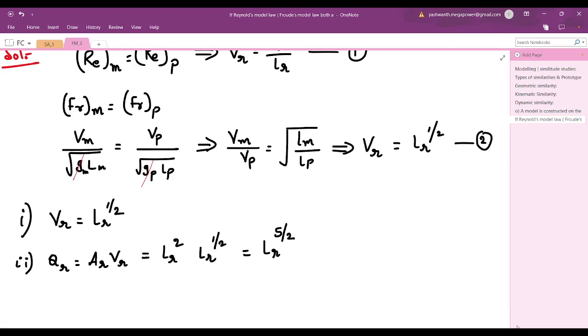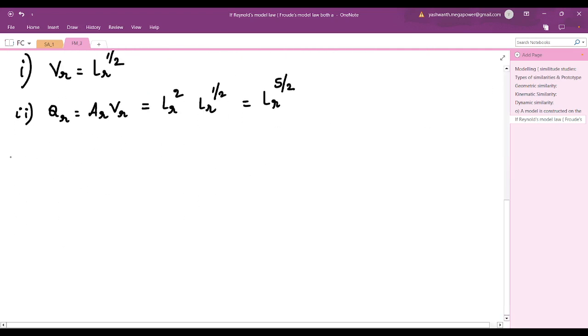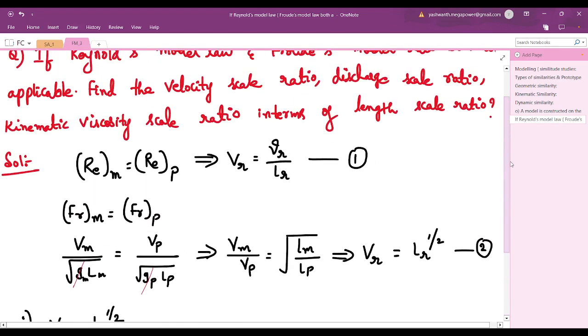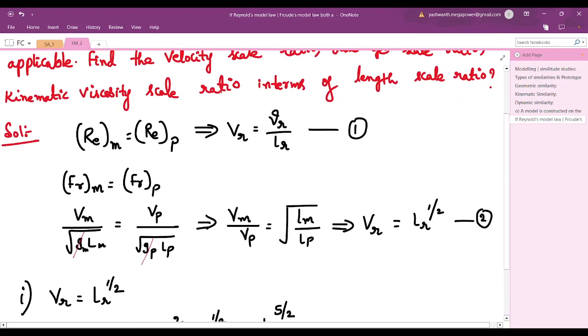Now, the third part, if you observe, is asking kinematic viscosity scale ratio. So, from 1 and 2, from Reynolds model and Froude's model. Now, in place of VR, can I write LR power 1 by 2?